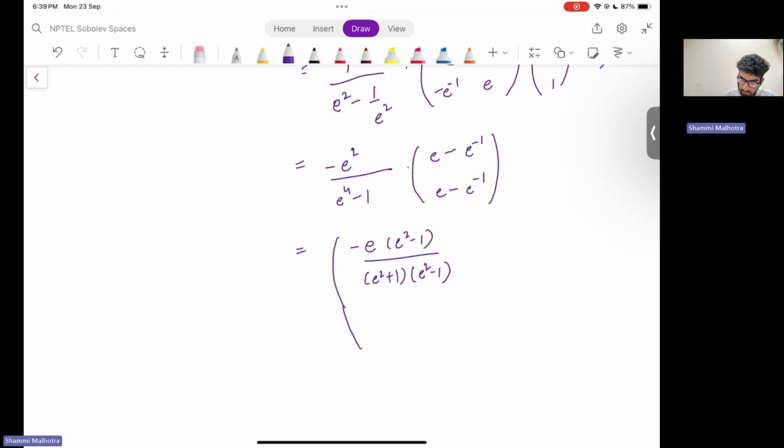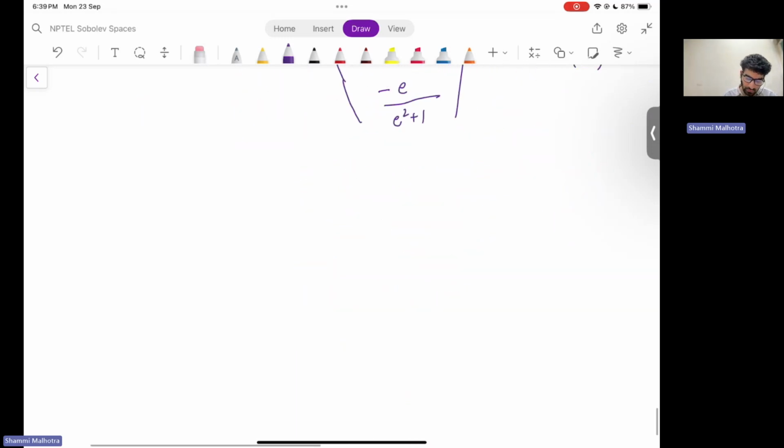The same constant, so this is minus e divided by e square plus 1, times 1, 1. So this is our value for the constants.